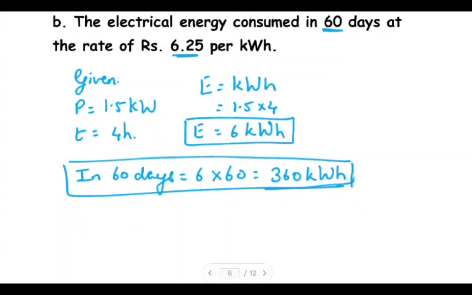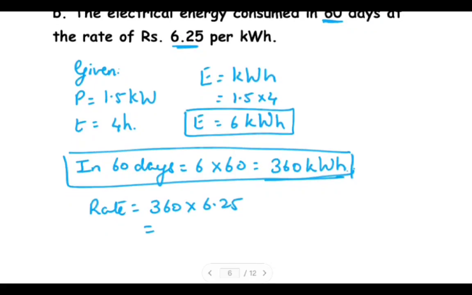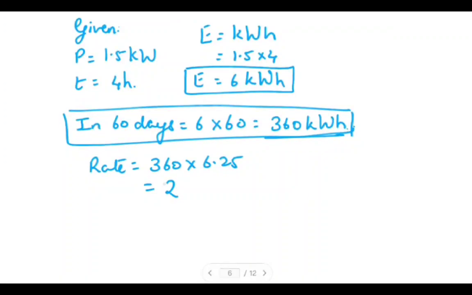So the cost is equal to 360 into 6.25, which is equal to rupees 2250 for 60 days. Alright, children, is that simple? Know your formulas well.